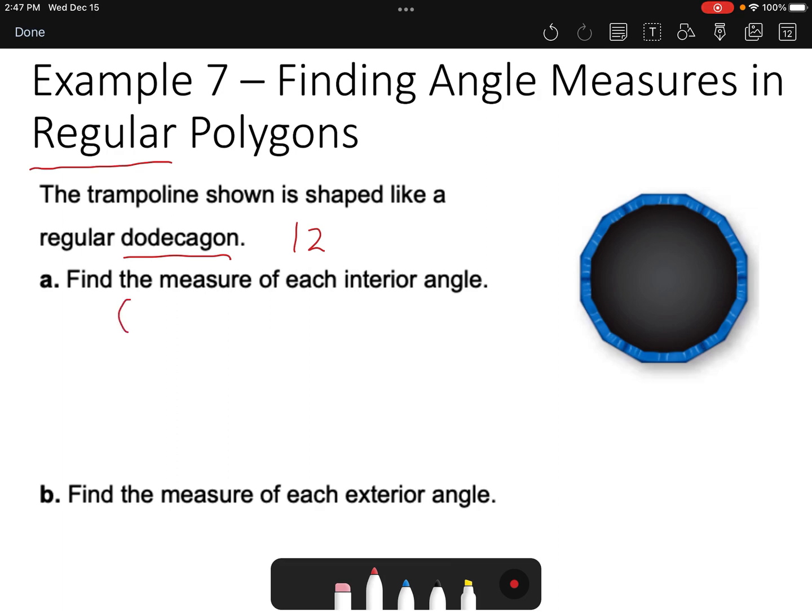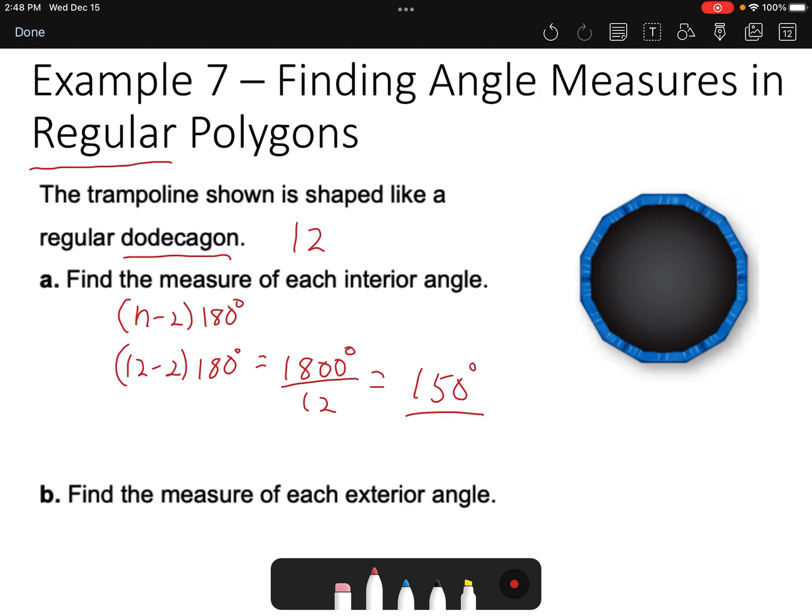Okay, so let's see. I know that the sum is n minus 2 times 180, which is 12 minus 2 times 180, which is 1800. 10 times 180. I also know that there are 12 angles, right? So I can just divide that by 12 and get 150 degrees. So one interior angle is 150.